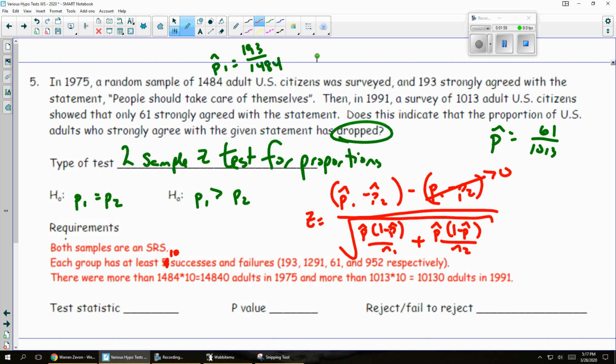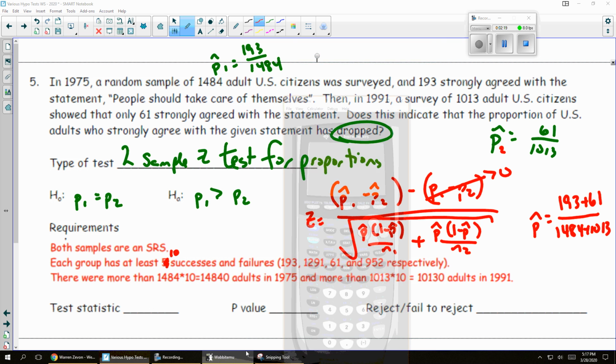And that p-hat, this one should have a 2 next to it. This p-hat is going to be the total number of yeses over the total number of attempts. Add those things up. You could actually write it like that, or when I do this in the calculator, it's going to do that heavy lifting for me.